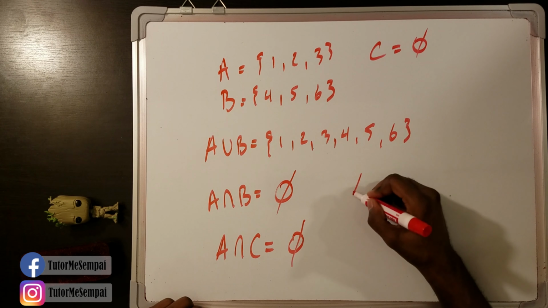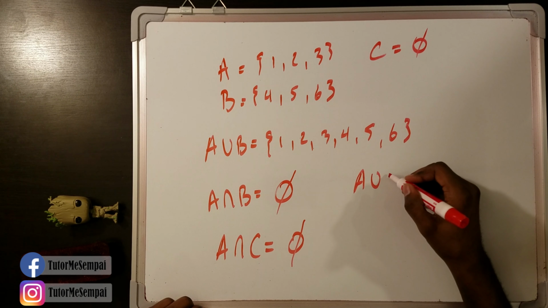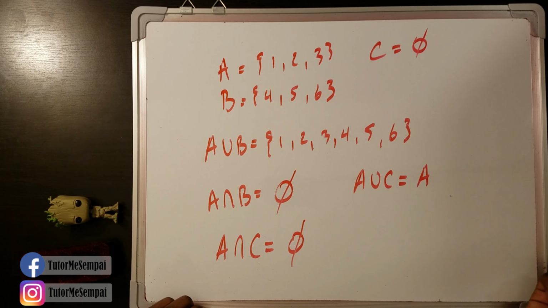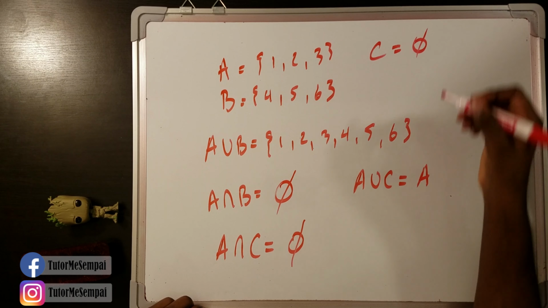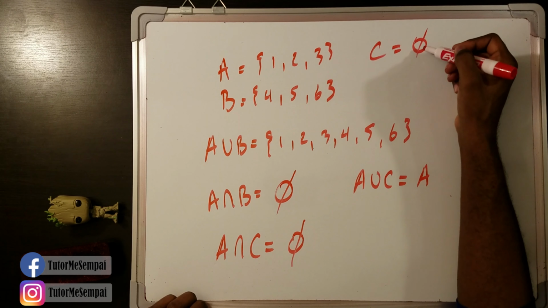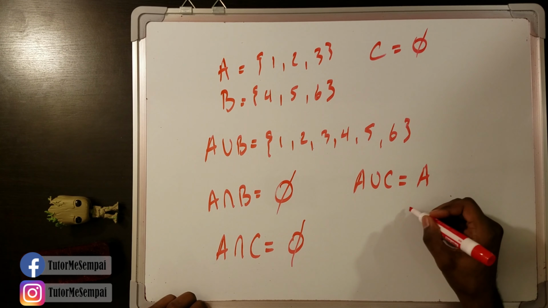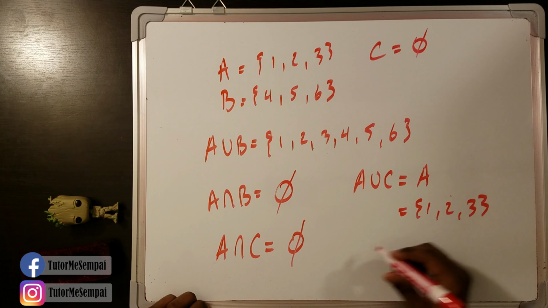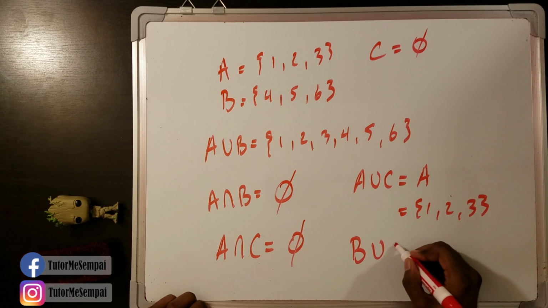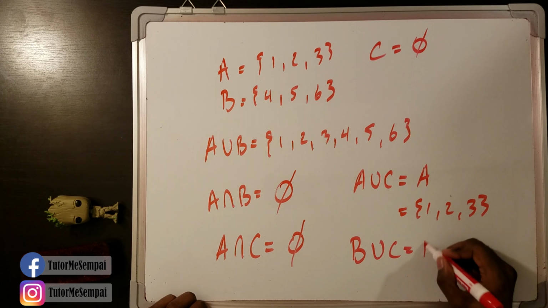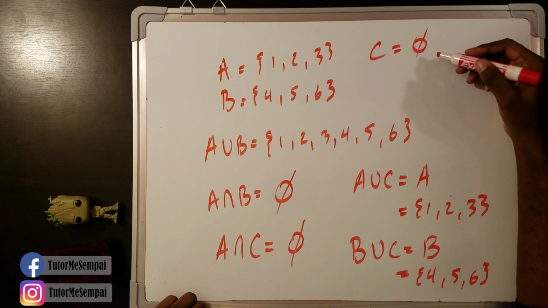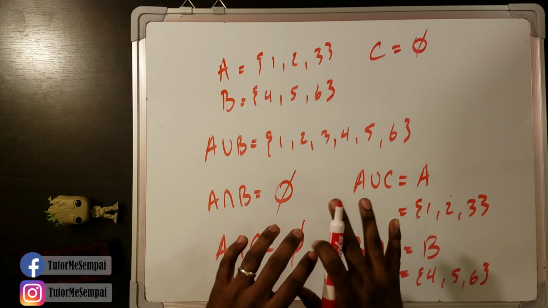If you were to try to find the union of A and C, well, this is just going to be everything in A. Because if you union everything that you have in A with nothing, you're just going to get A back. So it'll look like 1, 2, 3. Likewise, B union C is going to be everything in B. So 4, 5, 6. So we have these empty sets. It's quite literally a set with nothing in it.